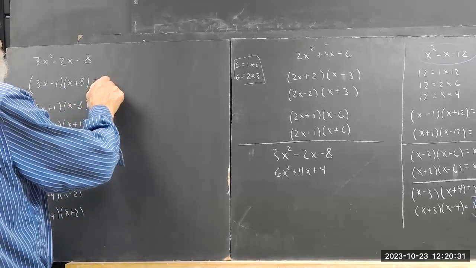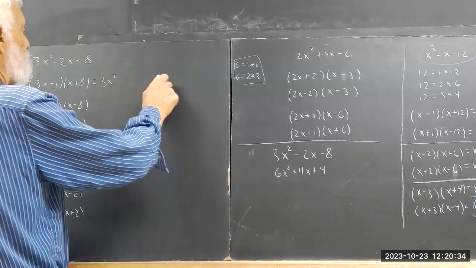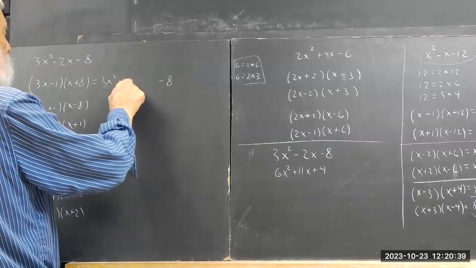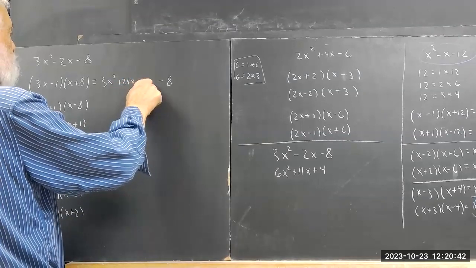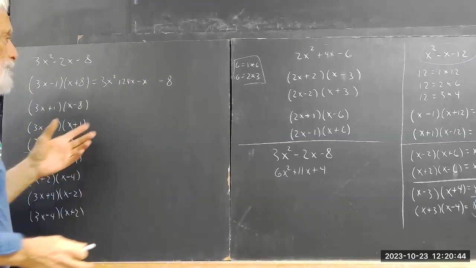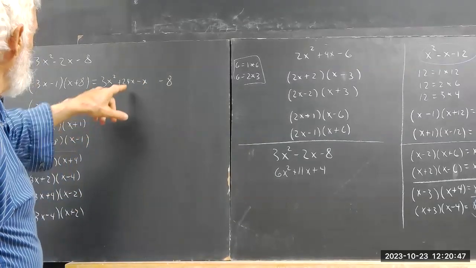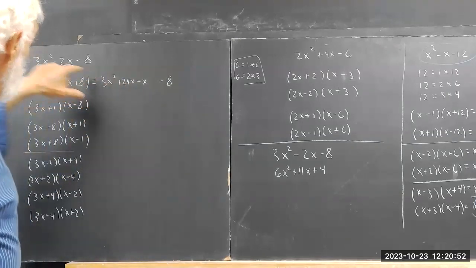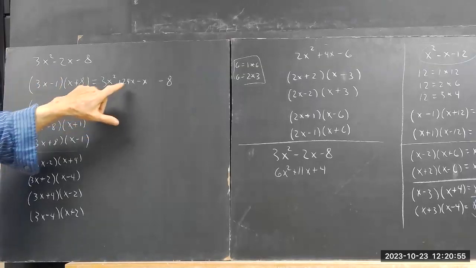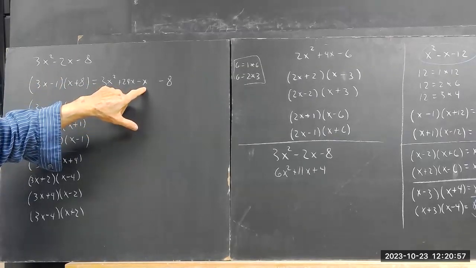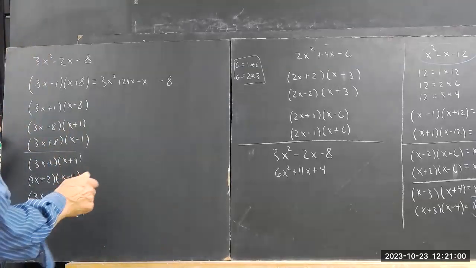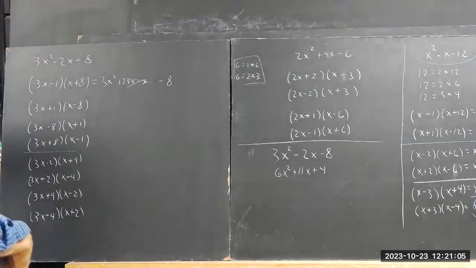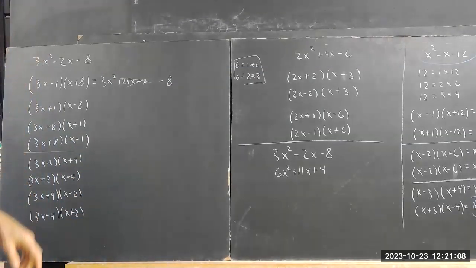So it's 3x squared, and it's going to be minus 8, but we're going to have plus 24x minus x. Well, we don't have to subtract 1 from 24. We know that 24 is bigger than 1, so this is going to give us a positive coefficient of x instead of negative. There's no way 24 and negative 1 is going to give us 2x. So we can begin shortcutting this a little bit, and we can say this isn't going to work. So that's out.